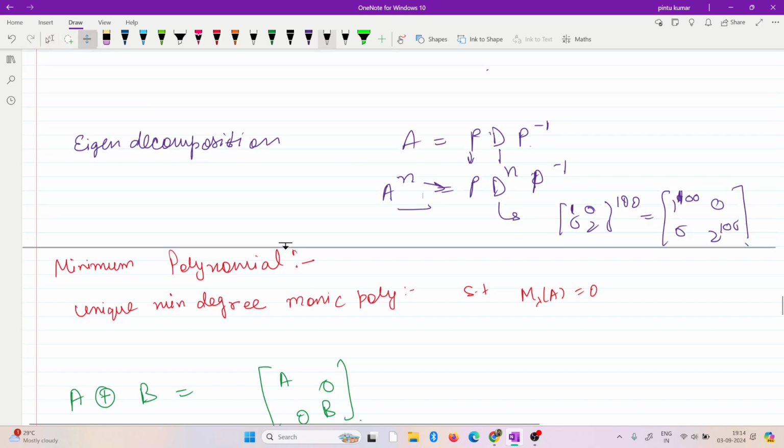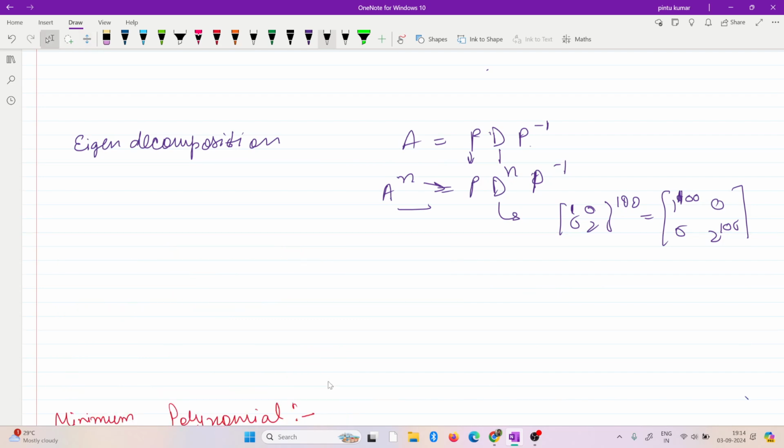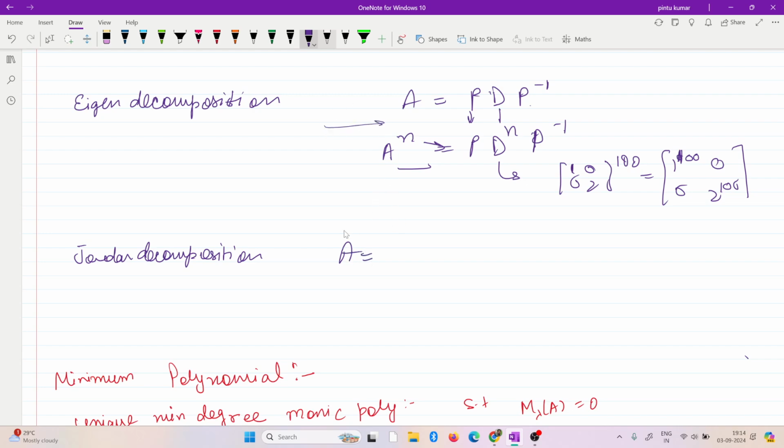But we also discussed that eigen decomposition is not possible for every matrix. So what we want to do is find something known as Jordan decomposition. Eigen decomposition was not possible for every square matrix, but Jordan decomposition always exists for any arbitrary square matrix.